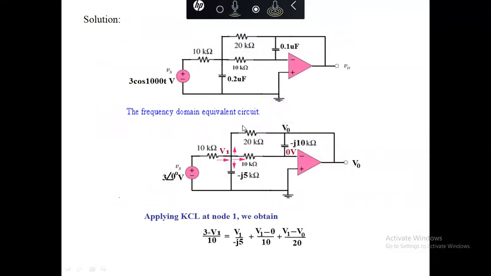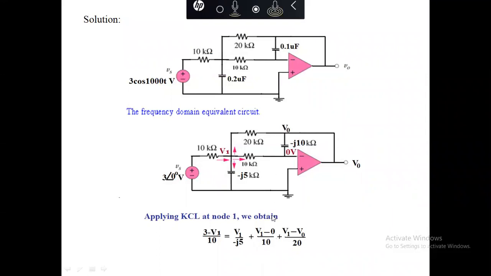So we have 3 at the angle of 0 degrees, and we have the current of this network: this current is entering into the network and all other currents are leaving the network. So we have this current (3 minus V1) by 10 here, and this current is V1 minus j5, or we can say V1 minus 0 j5, and this potential is 0 volts.